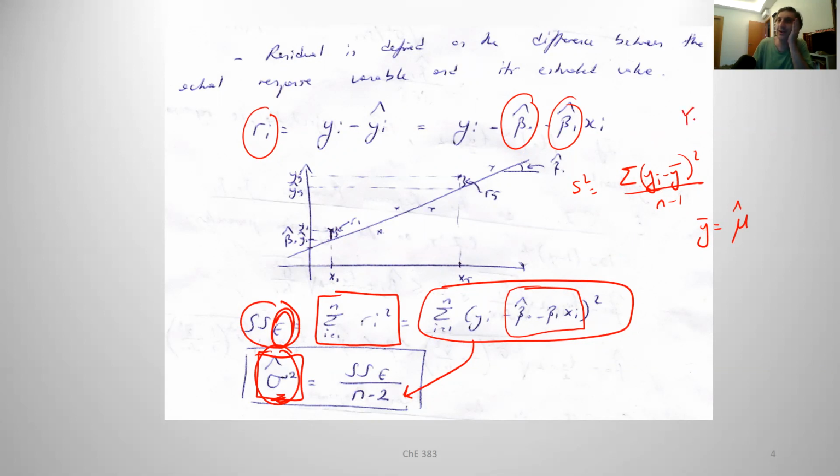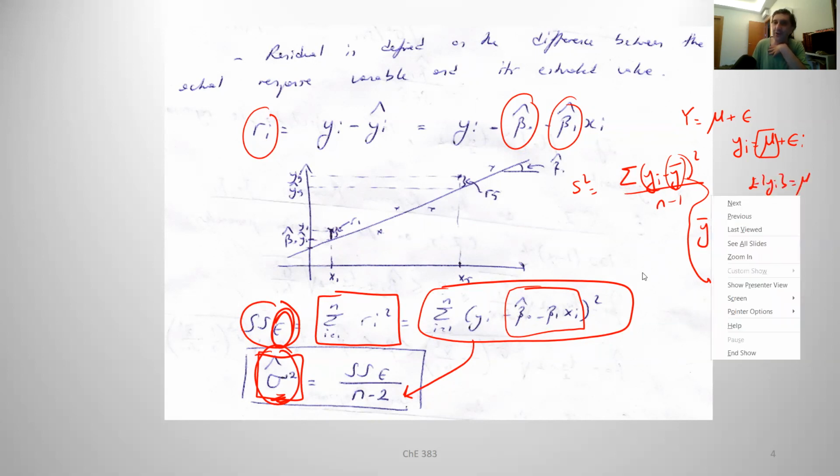I said earlier, y is equal to mu plus error, or as the sample model, yi is equal to mu plus ei. So this is the expected value of yi, and since the expected value of yi is equal to mu, y bar is the estimate of mu.